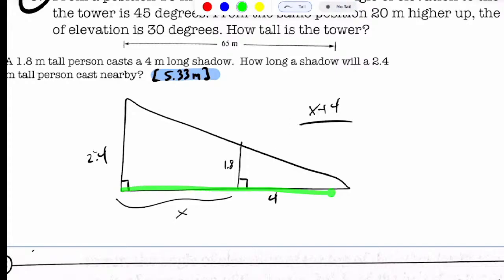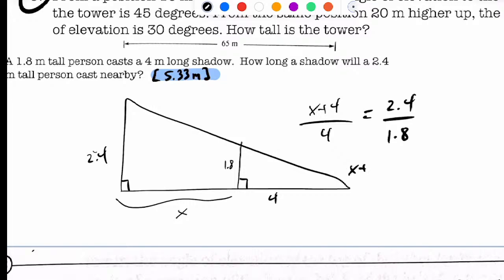That would be the length from here to here, divided by the length of the small triangle, which would be the length from here to here, must equal the height of the big triangle, 2.4, divided by the height of the small triangle, which is 1.8. So therefore x plus 4 is 4 times 2.4 over 1.8. And this ends up being 4 times 2.4 divided by 1.8.